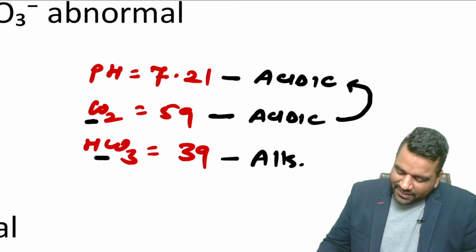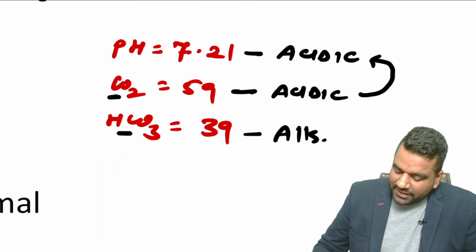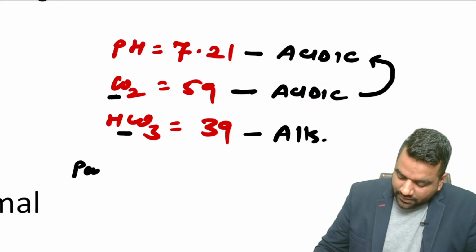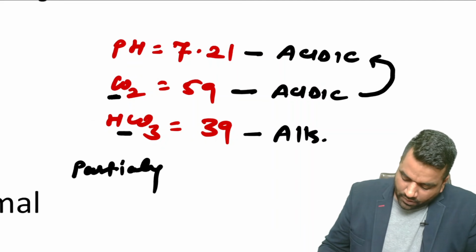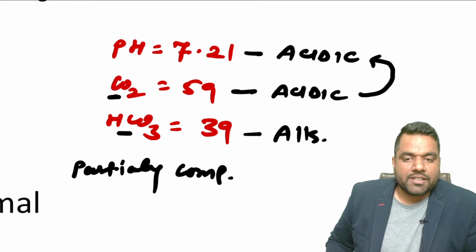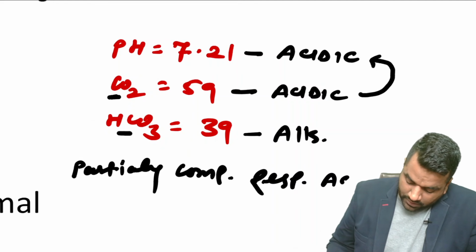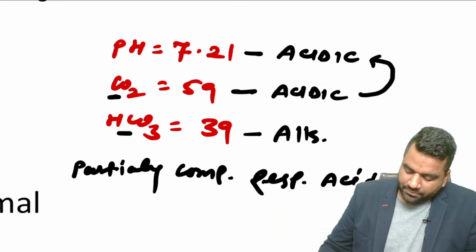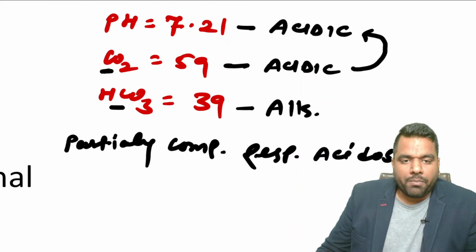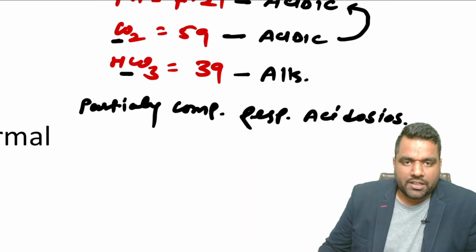So how should you write it? You should write something like this: partially compensated respiratory acidosis.